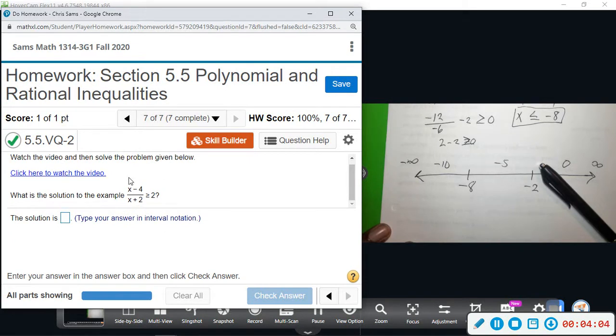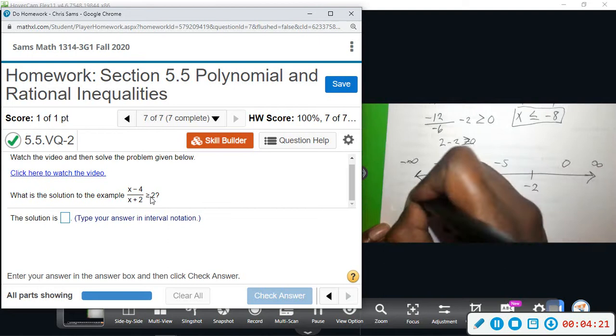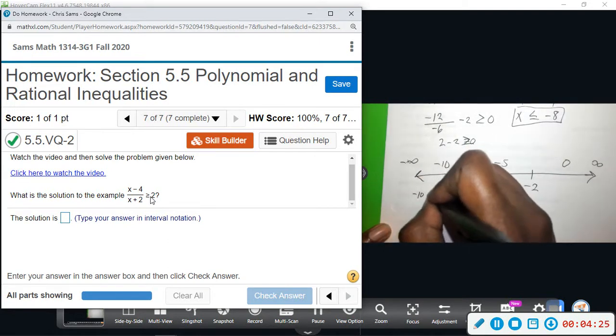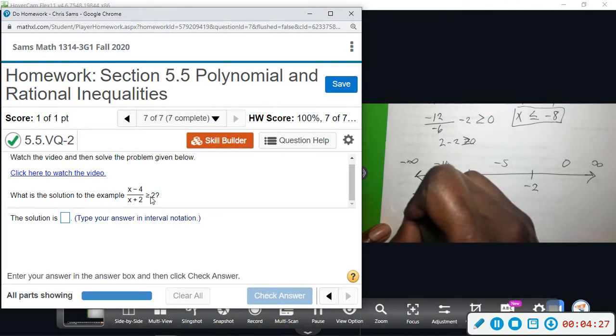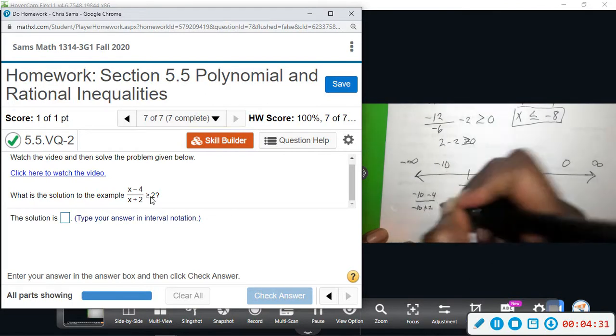We're going to find out when this is greater than 2, more than positive 2. So if I plug in, I'm actually going to find the numbers this time. I'm going to plug in negative 10. So I have negative 10 minus 4 over negative 10 plus 2.